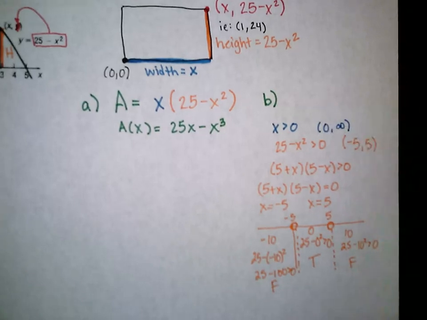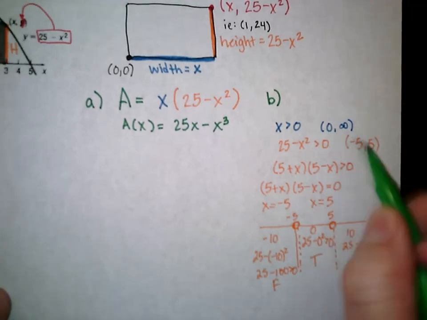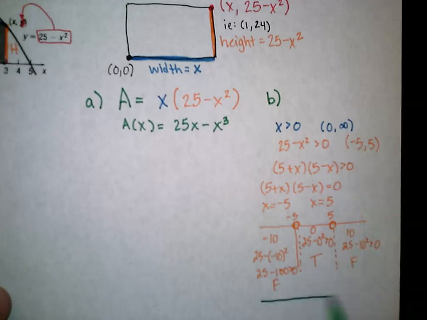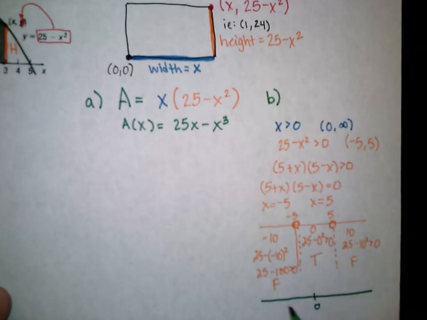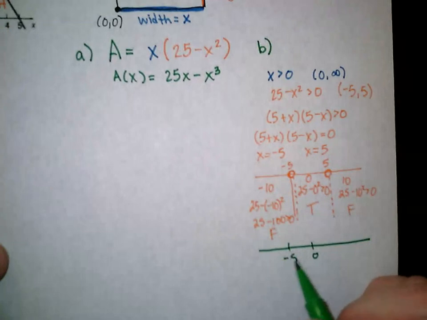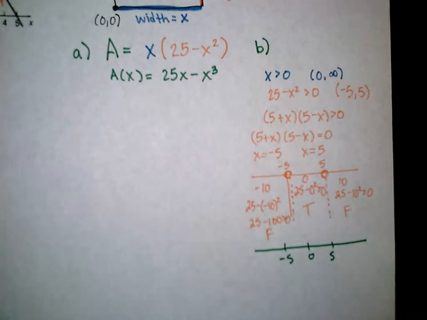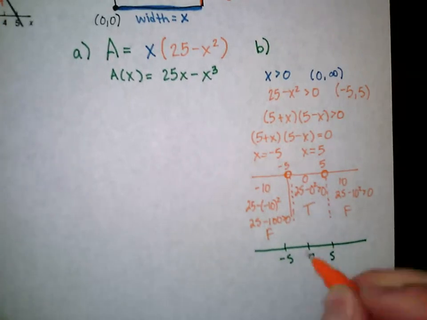So I have to fit both of those at the same time. So being from 0 to infinity for one of them, and being between -5 and 5 for the other, I can only have the overlapping part.